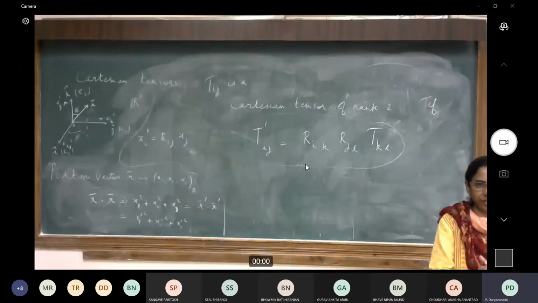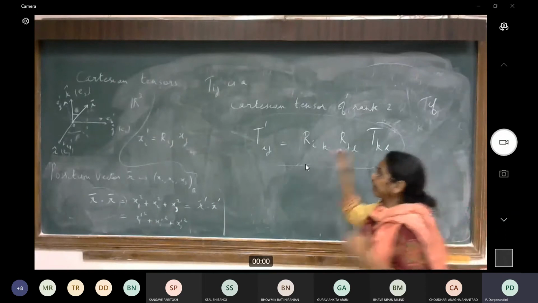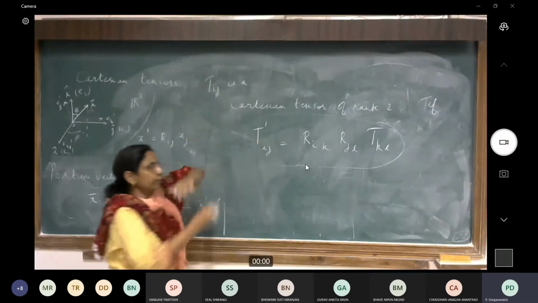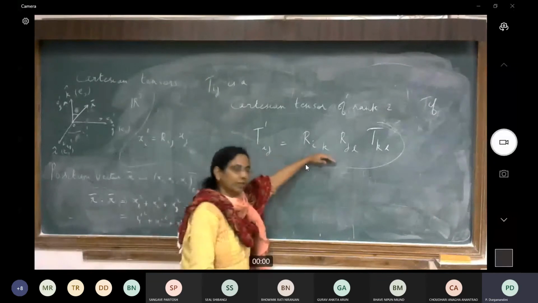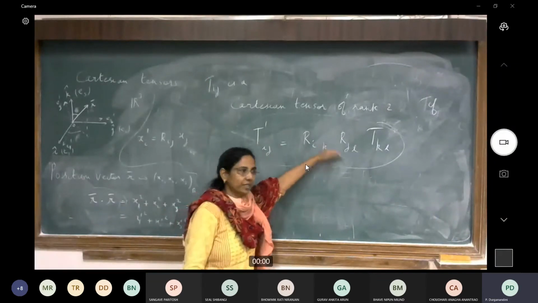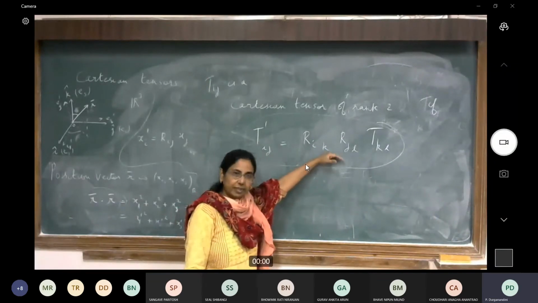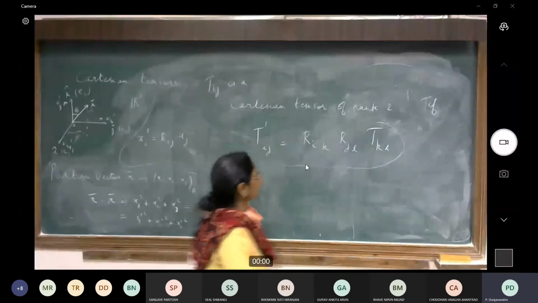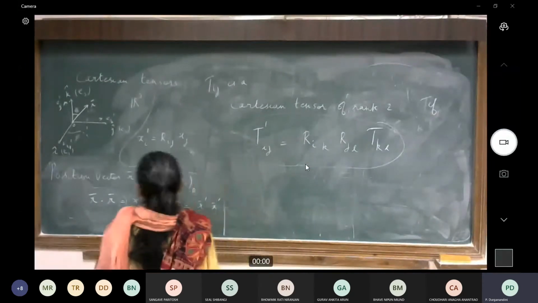Now for a second rank tensor, Tij, I have 9 elements. Those 9 elements get mixed up under this rotation transformation, and they should get mixed up like this. Then I will call this a Cartesian tensor of rank 2, or a second order Cartesian tensor.